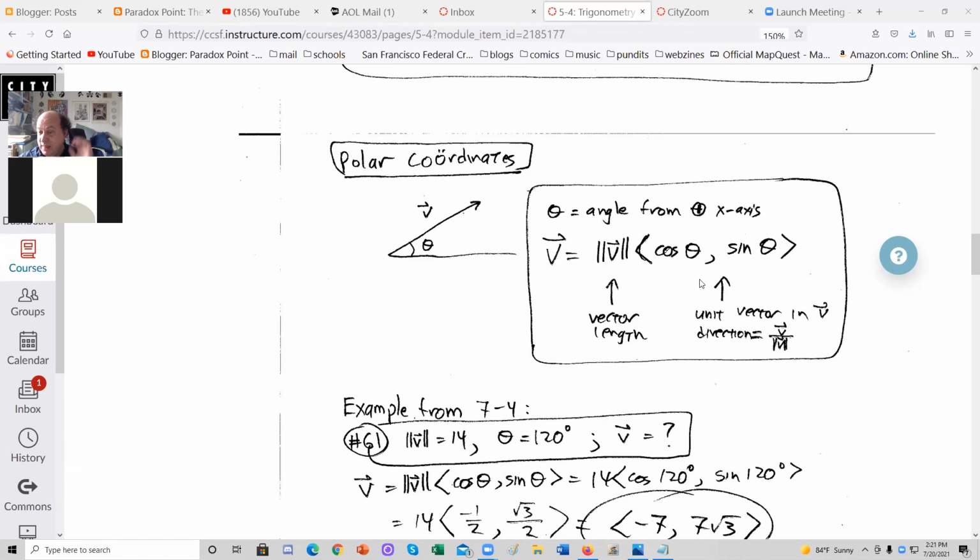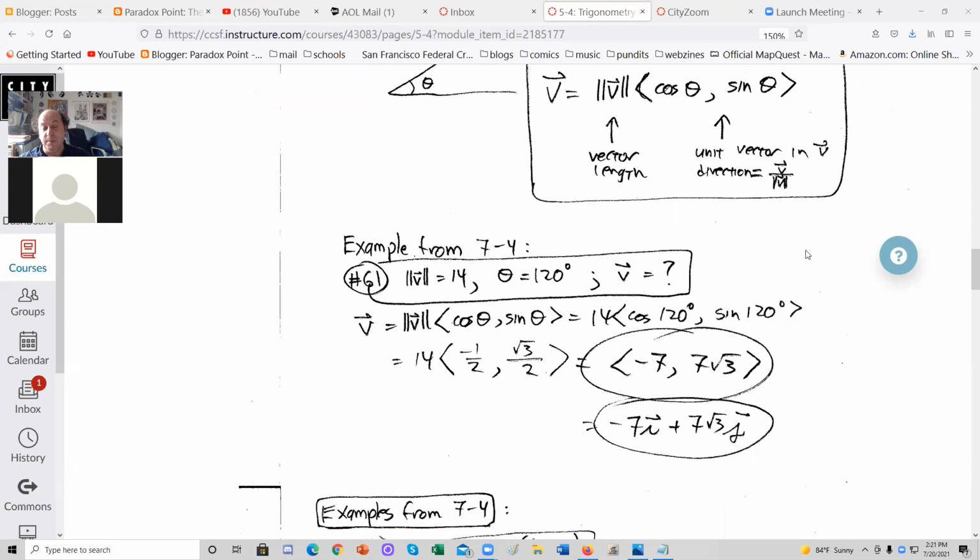This cos theta by sine theta is a lot like cis theta for complex numbers. It's a unit vector in the v direction, which is v divided by its length. Take v and divide it by its length, you get this.